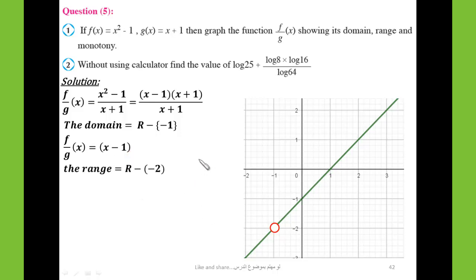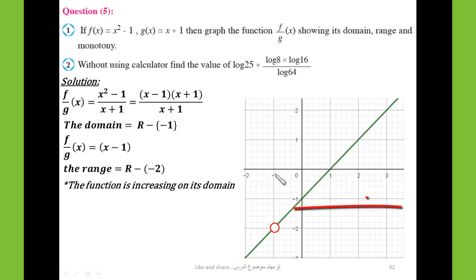So we draw the function, and the range equals all the values of y except y equals -2. So the range equals R difference {-2}. And the function is increasing on its domain.